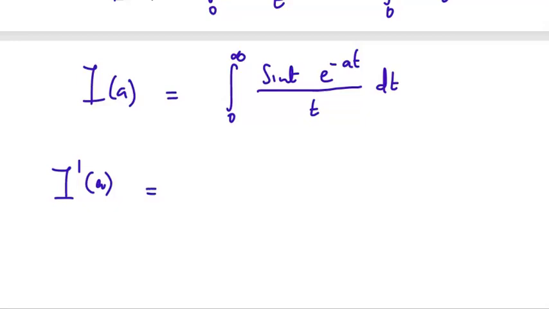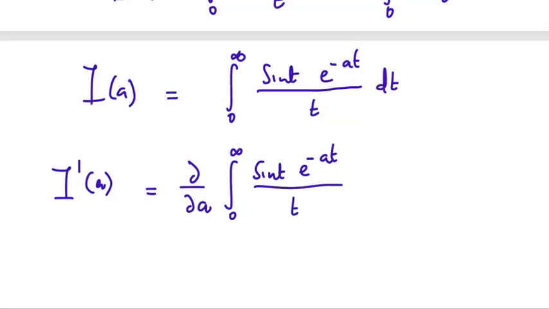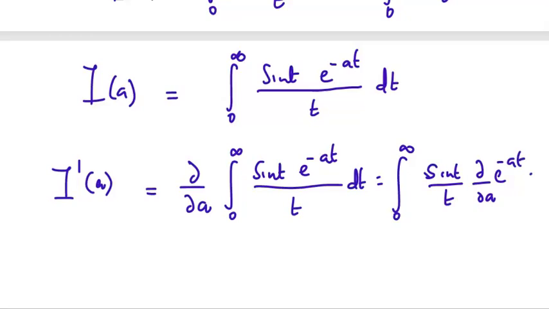We're going to partially differentiate the right hand side with respect to a, the integral from 0 to infinity. We have our sine t divided by t. Then we partially differentiate with respect to a of e raised to the power of negative at, and then dt.